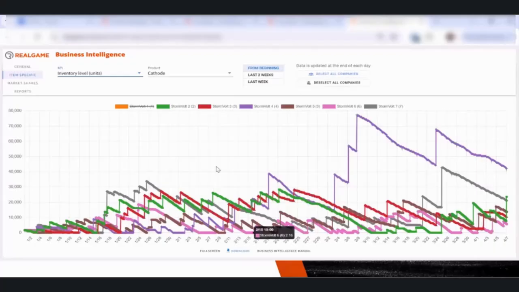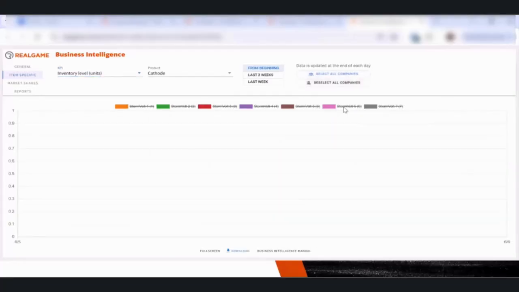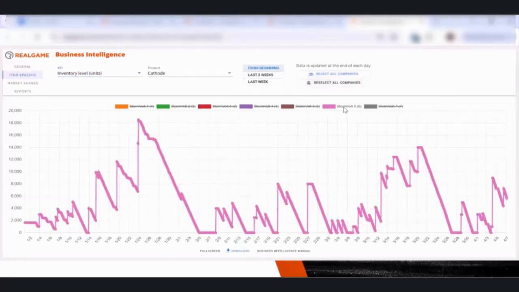But what is actually rather nice is that if I hide all the companies and then just reveal company number 6, well, okay, they have had some problems here in the end. So here was a positive period when they had enough of those, maybe too much of those, but then they faced problems again. So why do they have these problems?